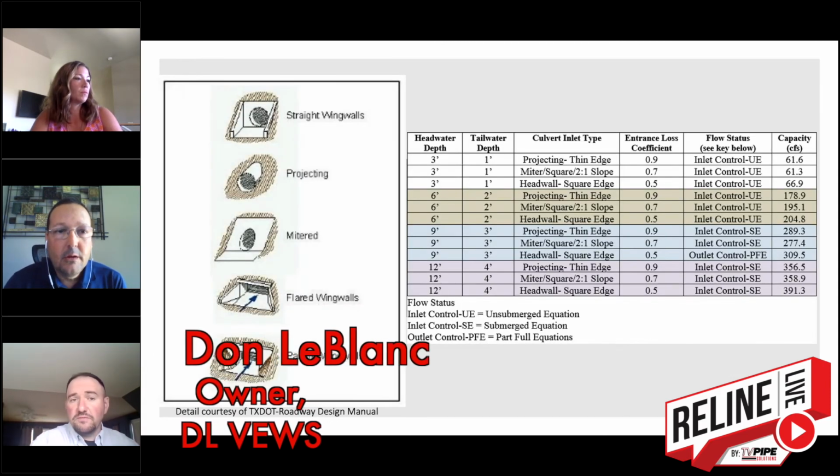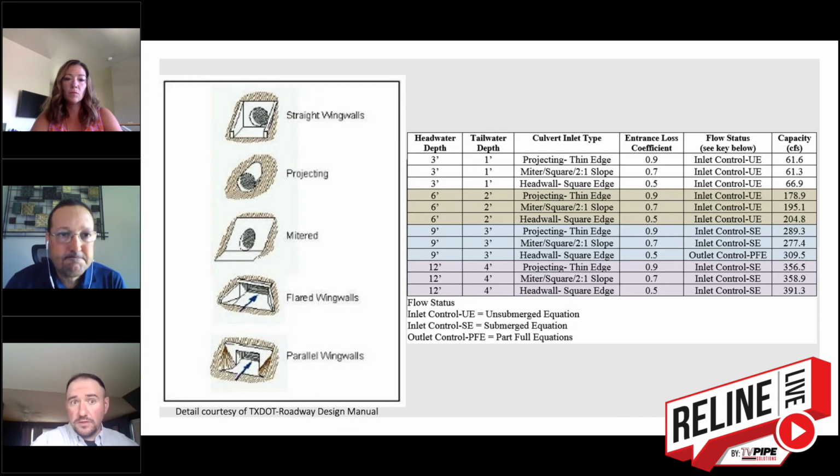And if I may, while she's advancing that slide, Don, I want to pound on that specific point that you just stated. The deal with those reducers, the pictures you saw from New York, most of the time, I would say 75 to 80% of the time, it requires the inlet length to be increased. They're extending the length of the culvert at the inlet, which, with your slope, is bringing your elevation higher.